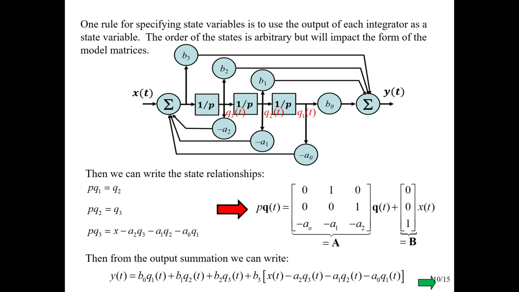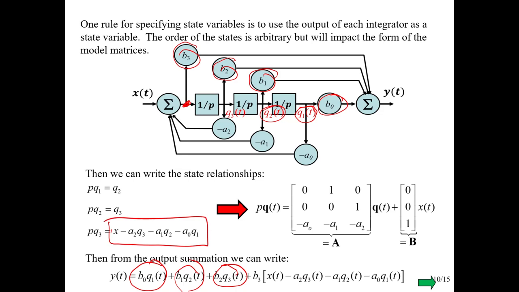Well, it consists of B0 times Q1, so that goes here, B1 times Q2, B2 times Q3, and then B3 times all of this stuff. Well, that was this, right? So that all goes in there. Now we need to just modify that and get it into a nicer form.